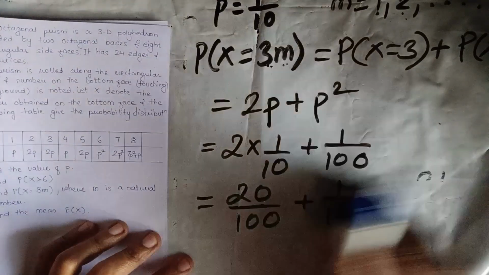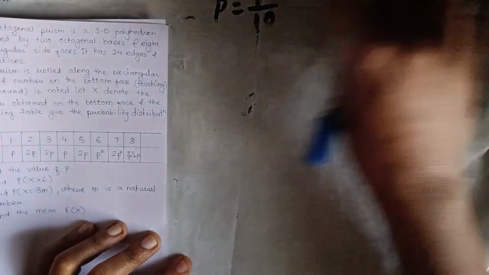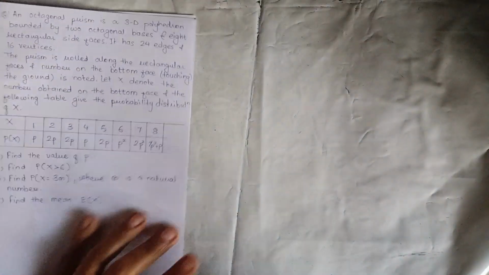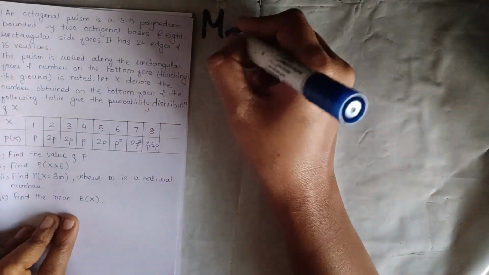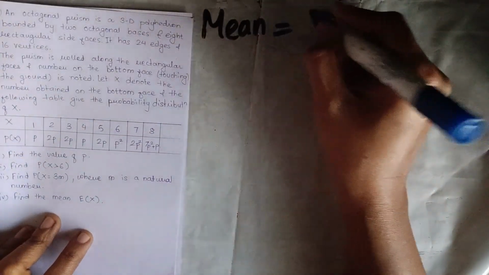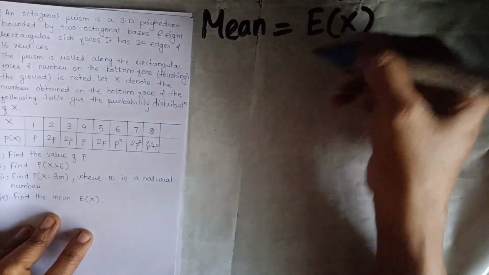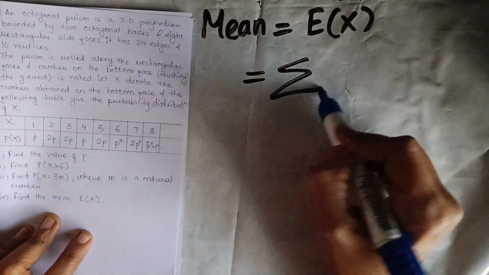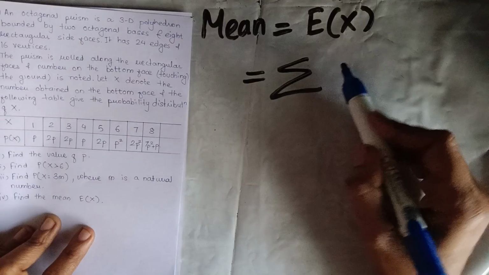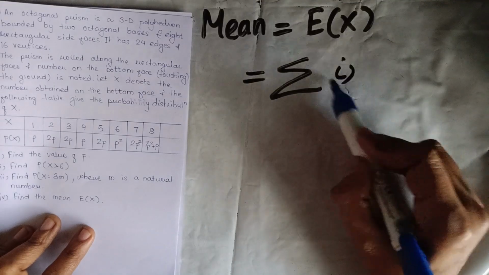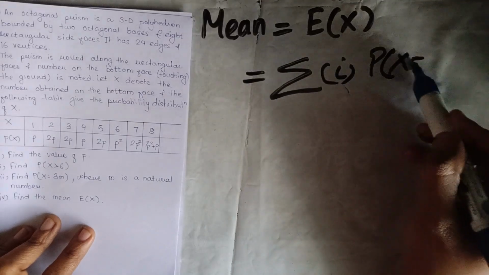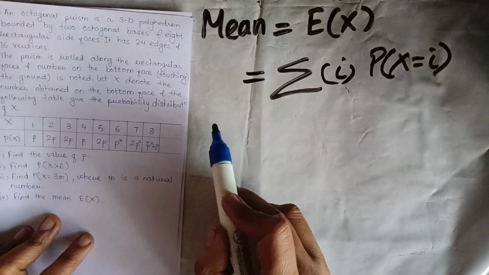Next, find the mean. So how is the mean computed? You have to multiply the number and the probability.